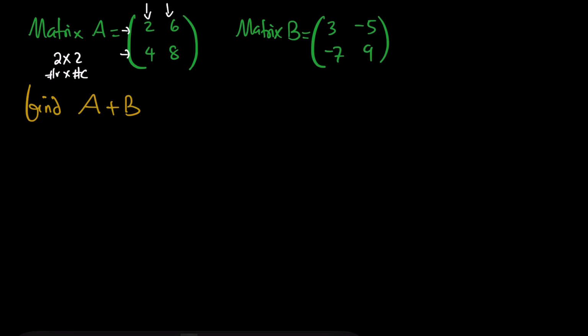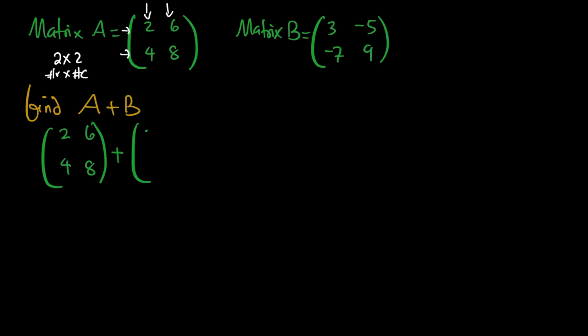Now, to do that, matrix A, we said, is 2, 4, 6, and 8, right? And we are adding it to the matrix B, which is 3, -7, -5, and 9. That's what we're doing, right? Now, what we're going to do is, when we take this 2 here, we add it to its respective number in this particular place. So we take the 2, we add it to the 3 here.